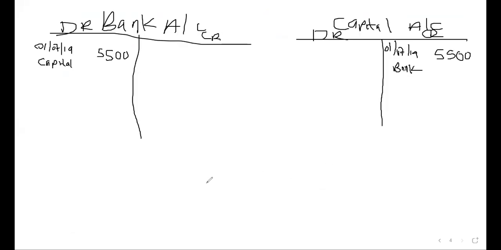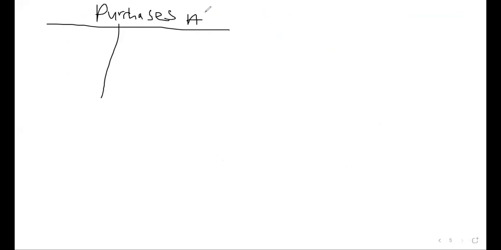So that is on July 2. Okay, so July 2, you're going to have the purchases account and the Trade Kings account. Okay, so you can even do it this way, maybe on the next page. Purchases account and the Trade Kings.